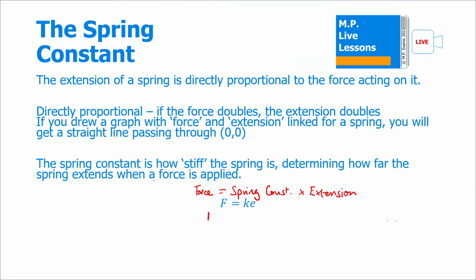So the force is obvious, which is in newtons. The spring constant is in newtons per meter. And the extension is in meters. That's a common mistake that people forget.